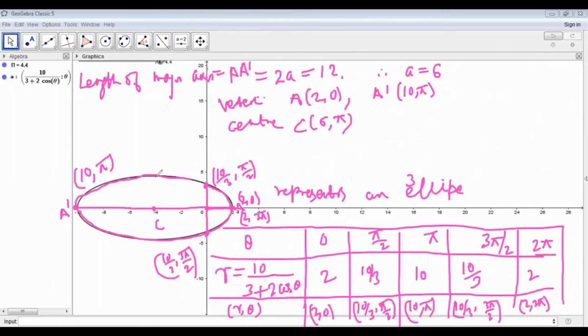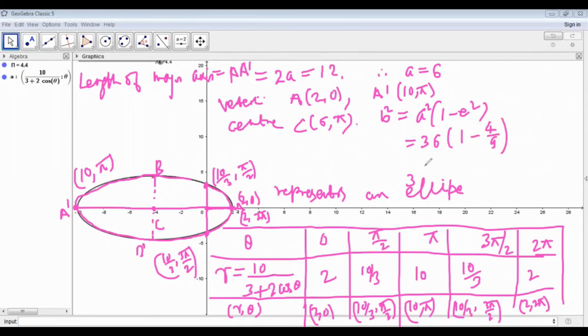From the center, this is the minor axis, CB and CB dash. To find the length of the minor axis, we have to find b. We have the formula b square equals a square times (1 minus e square). a square equals 36, and 1 minus e square equals 1 minus 4 by 9, which is 5 by 9.